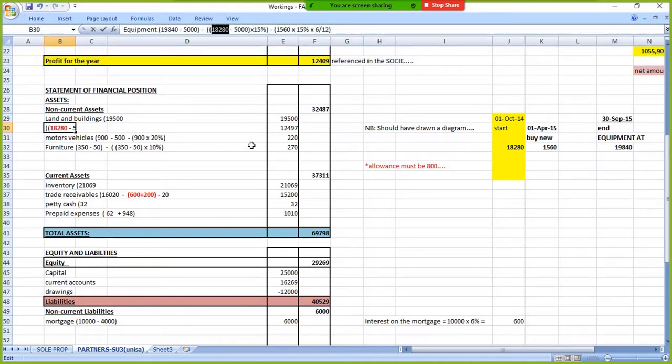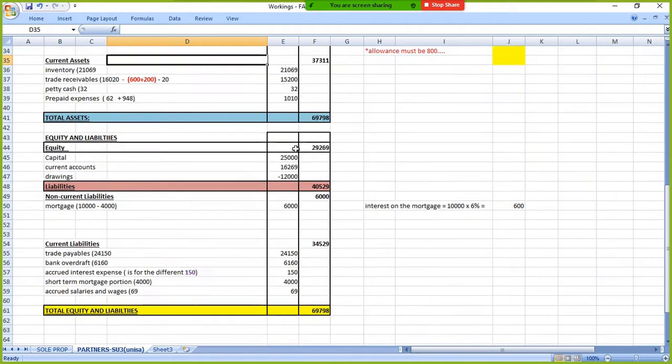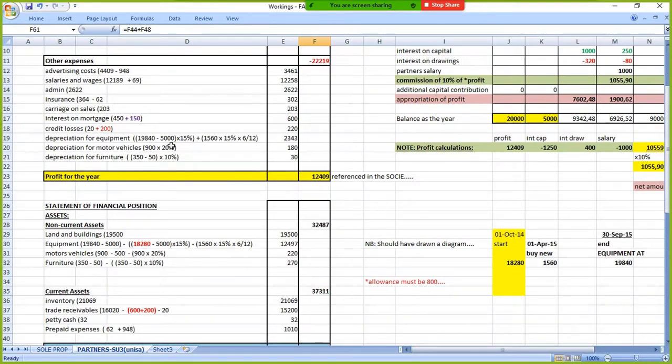That amount needs to update. Then everything else will reference. There, that updates. Let's just check our depreciation here. This one needs to change here. What is it? 18280.